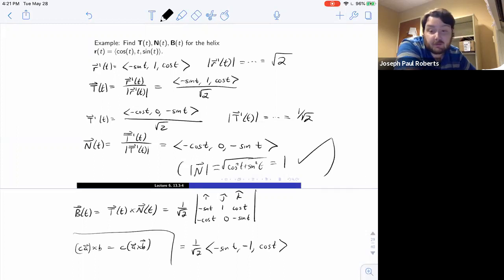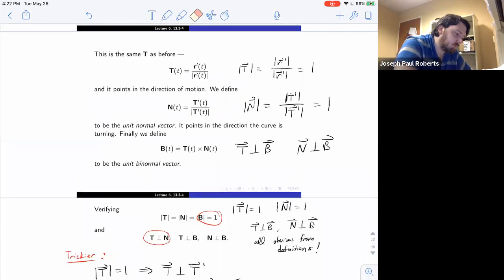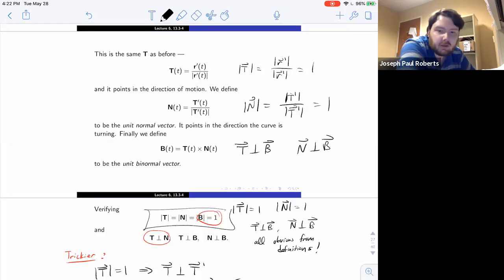Which, remember, these are all supposed to be unit vectors. So the question is, did I forget a root 2 in N? And the answer is no. So it cancels when you do that division, but then also it wouldn't be a unit vector if it was there. So again, remember, we want all of these vectors to always be length 1.